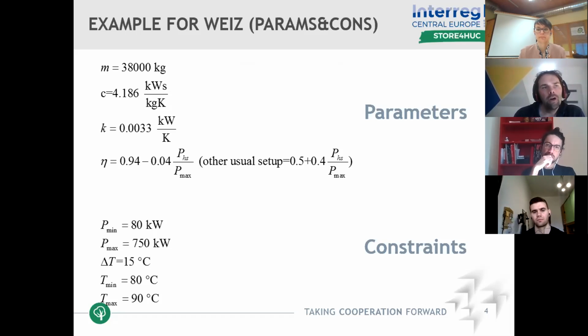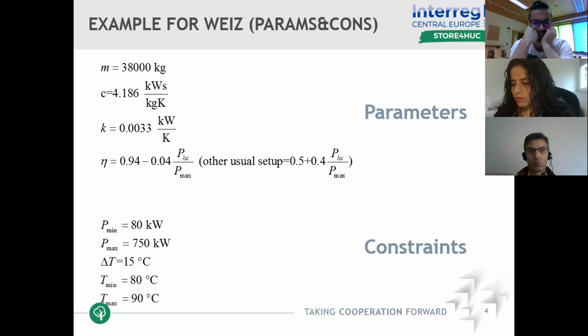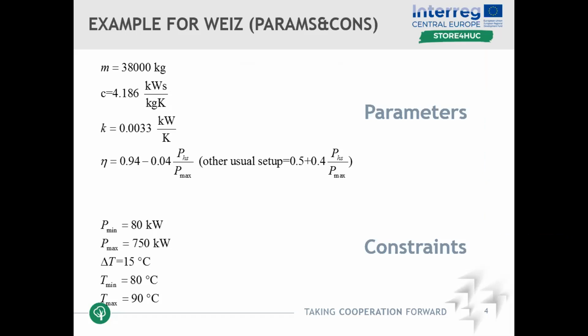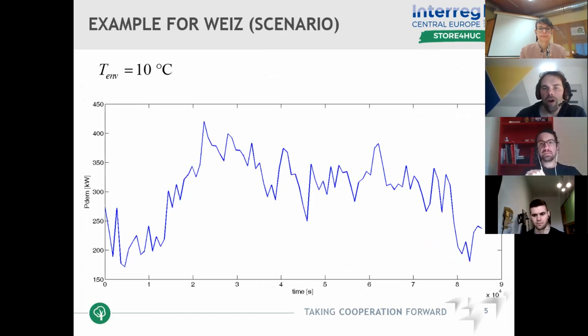And for the top, the place from which the water is supplied to consumers, we are giving minimum and maximum temperature constraints as our demand to this module. So the things you see here are parameters and constraints for this setup for Whites. So things that should be provided to the module in order for the module to perform the calculations. And of course, we need to provide the scenario.